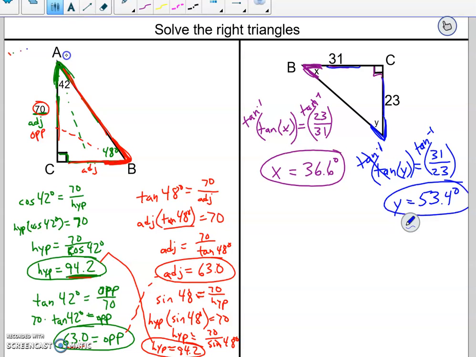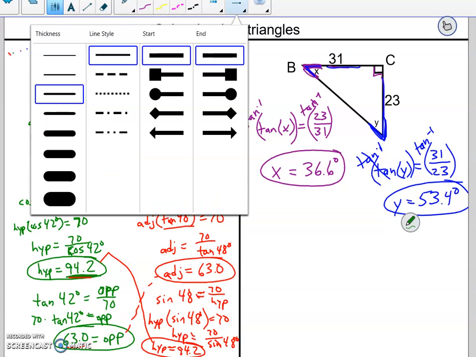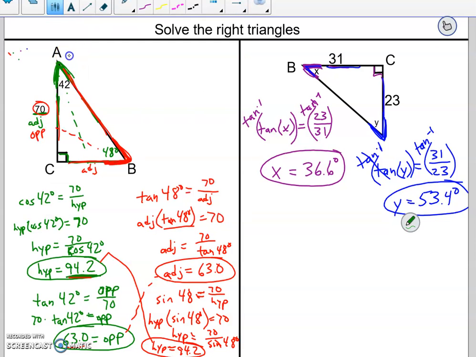Okay, and again, you could have solved that in an easier way by just saying 180 minus this 36.6 should get you the 53.4, and that's fine too. No, either one is fine. The only thing that we haven't really solved for at this point is the hypotenuse length.